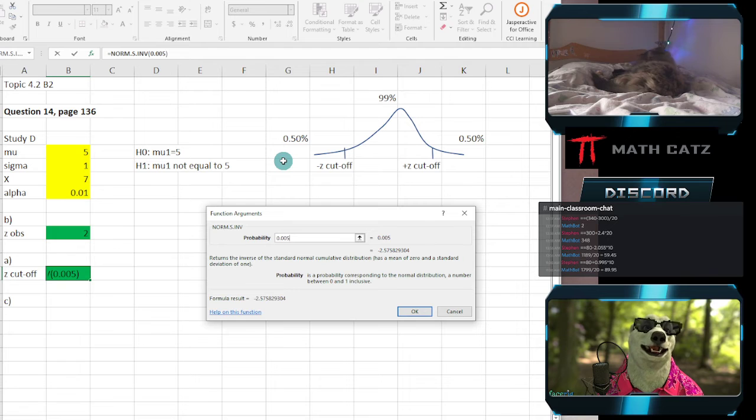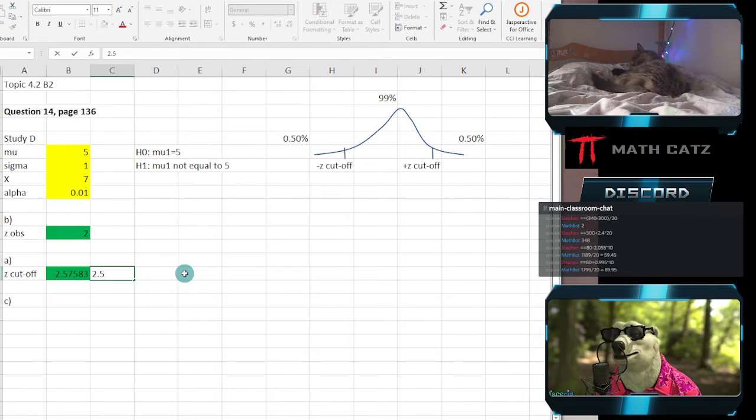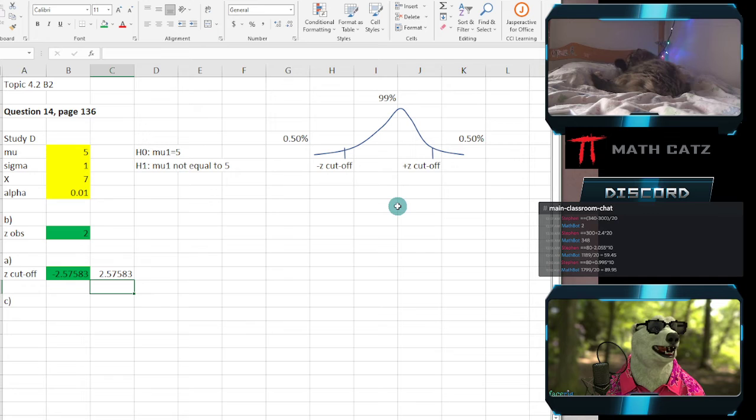Or you can go to the positive cutoff line. It really doesn't matter. You just want a cutoff line because of the symmetry. It's going to be the same. So the z cutoff is negative 2.57583. My book didn't have space for that. And the other one, I'll just type it in, 2.57583. I have two sides to it, right? Because it's a two-tailed test.